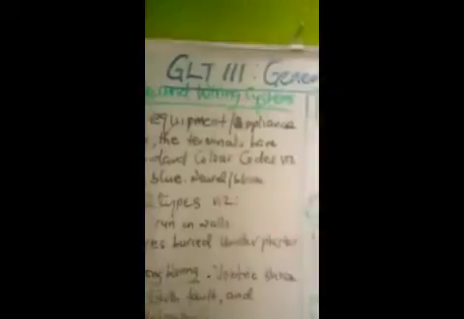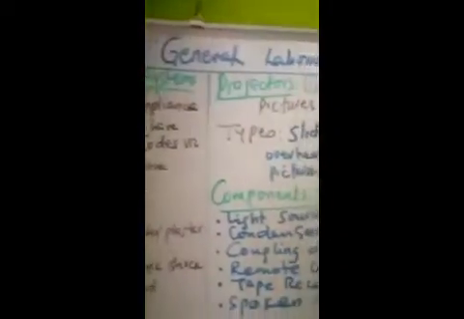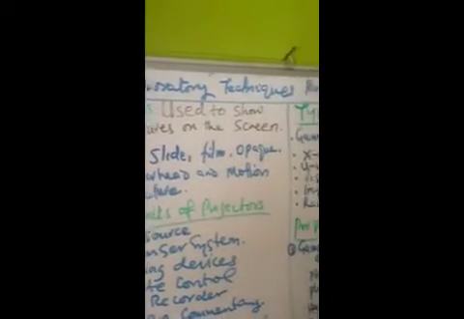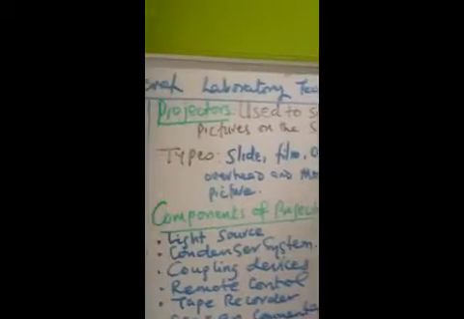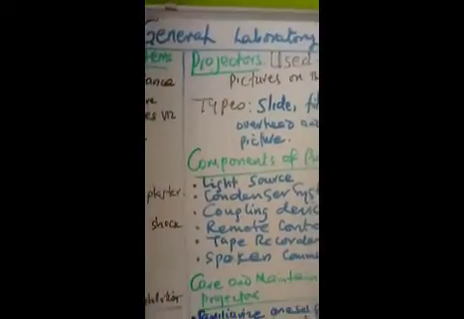Today we are continuing with our subject and course General Laboratory Techniques, GLT 111, Part 4. We are still continuing with the physics option of General Laboratory Techniques, and we are going to look at electrical standard color codes in electrical wiring.